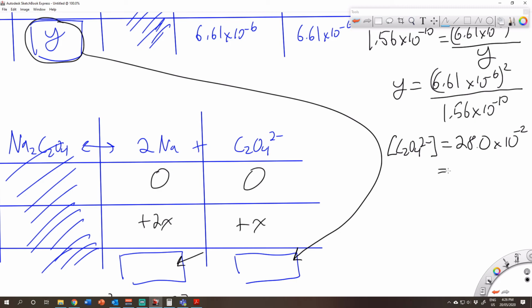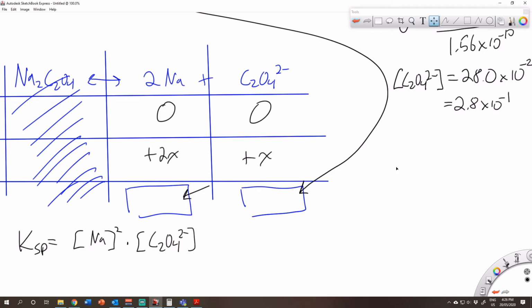So this will be 2.8 times 10 to the negative 1. There we go. All right, so now we know the concentration of C2O4 2 minus.